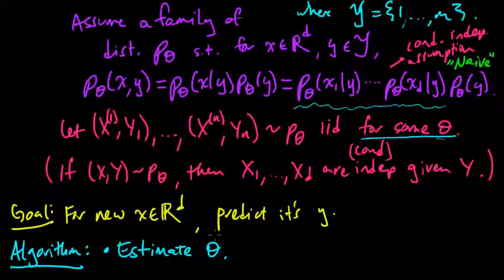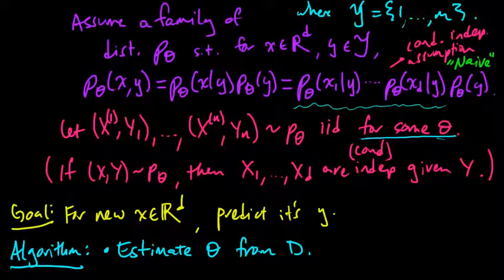So this is the classic estimation type of problem. We have some data. We want to estimate the parameter for that data. We've seen ways how to do this. You could use maximum likelihood. You could use MAP, the maximum a posteriori. So we're going to estimate theta from the data D.